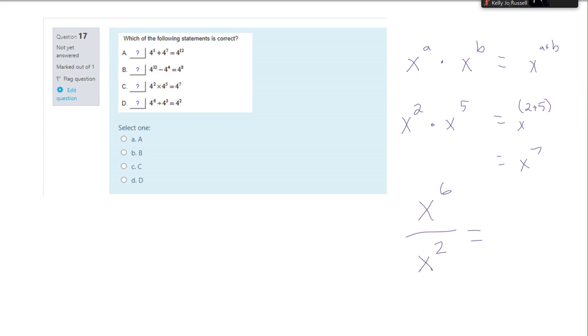So if we have this 6, it'd be 6 minus 2, and we'd get x to the 4. Okay, and so when we look at these, we should be able to pick out which one is true. We can't add or subtract things like that. We can only do those rules when we multiply or divide, and there's only one of those that's right.